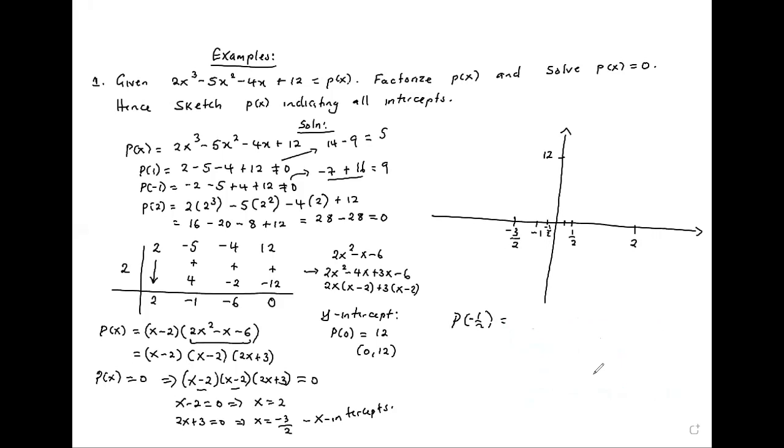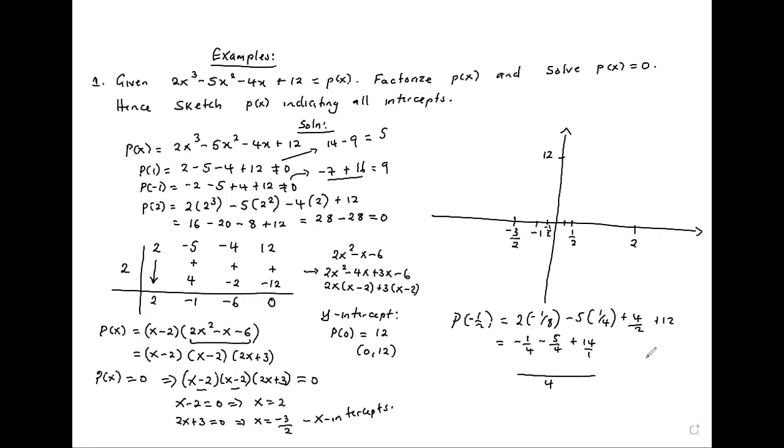So negative half will give us 2 times negative 1/8, minus 5 times 1/4, plus 4/2 plus 12, giving us negative 1/4 minus 5/4 plus 2 plus 12, which is 14.